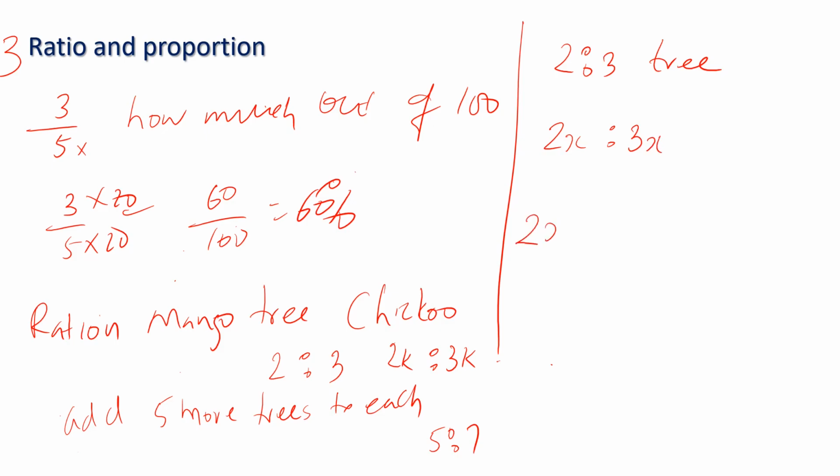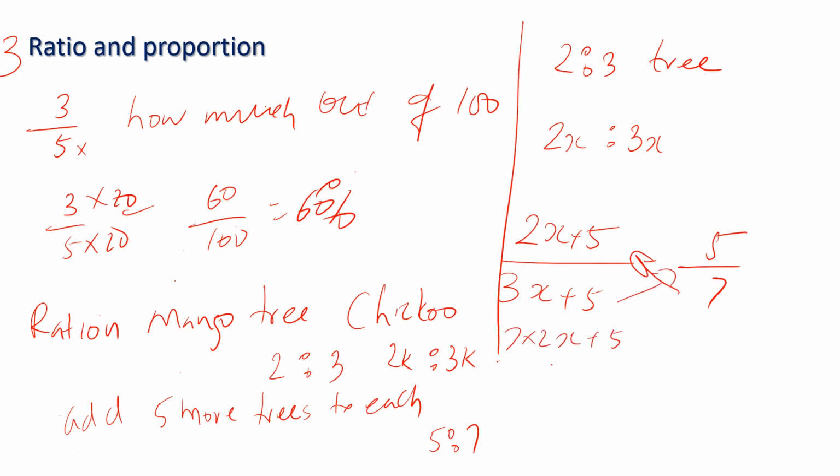And to that 2x, 5 is added, and to that 3x also 5 is added, and the new ratio हमने लिए तो ये 5/7 हो गया. So now we can rearrange it and get the answer. Cross multiply. 7 into 2x plus 5 is equal to 5 into 3x plus 5.